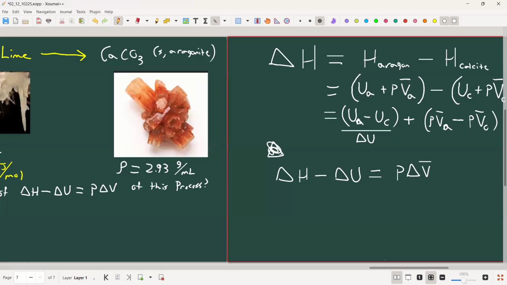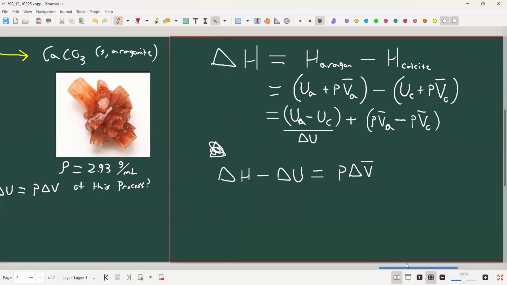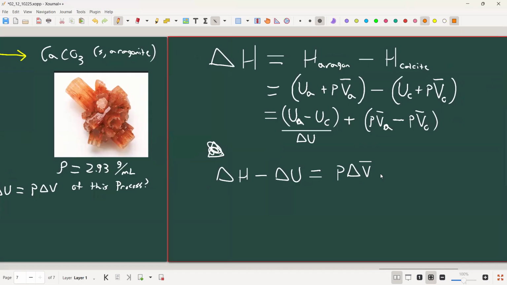So how do we calculate this? Well, all we have to do now is calculate how the molar volume changes. We don't need to worry about this anymore. For our left-hand side, we just need to calculate this, but we can do that by considering the definition of molar volume. Consider that V bar is the volume that the system fills divided by the moles in that volume.